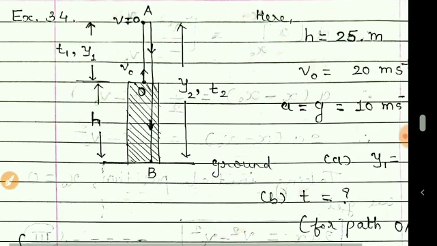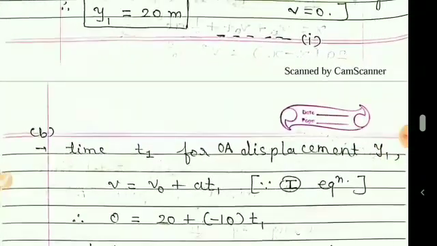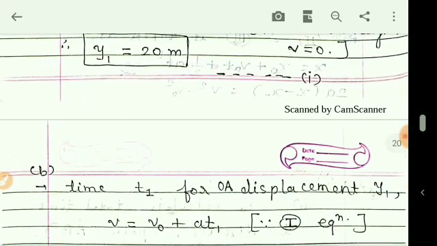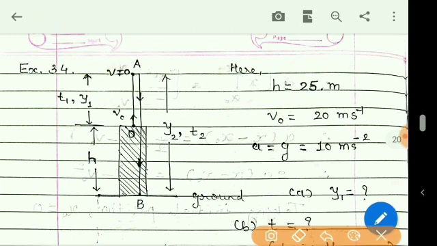Now the next part is to find the time. Now students, what we have to do is, we know that we have to find the total time for that object which moves in the upward direction, that is this time, which is t1, and then from upward to ground, that is time t2.